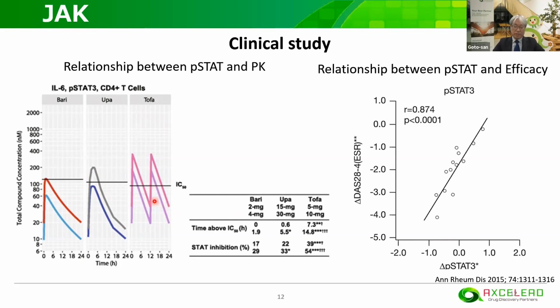And you can see the good correlation between the p-STAT and the disease activity score, which indicates the therapeutic effect on rheumatoid arthritis patients, like non-clinical cases. This analysis of PD marker is also important in clinical development.